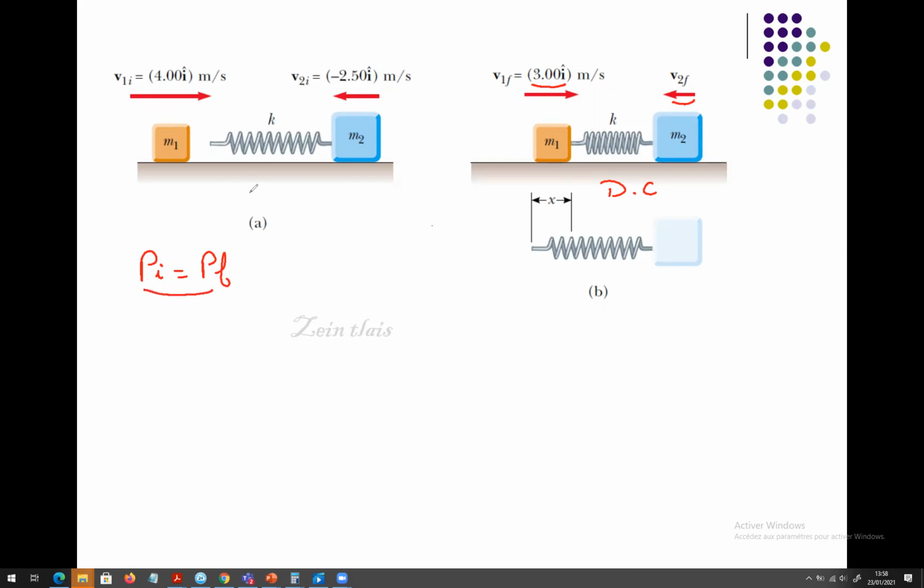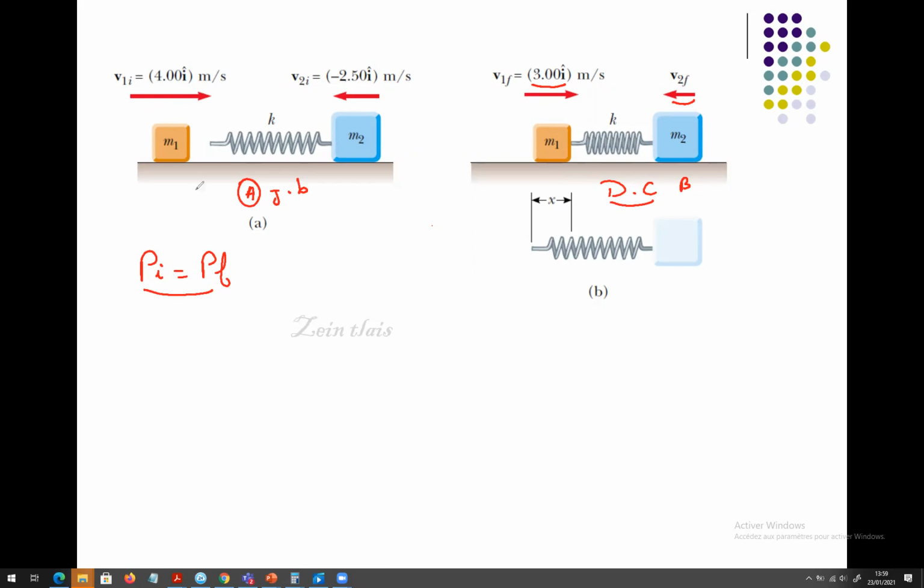We can take state 1 just before collision, and state 2, or we can take state A and state B. State A is just before collision, state B is during collision.